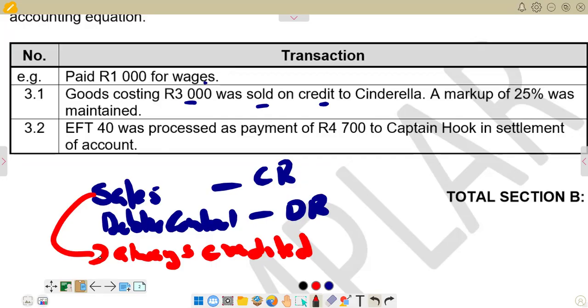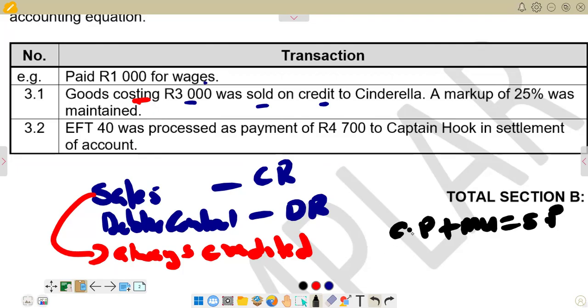Let's take note of that. So the amount that we have now is 3,000, but 3,000 is given at cost price. The figure that we want to enter as our amount is going to be its selling price, and remember, our cost price plus our markup gives us our selling price.